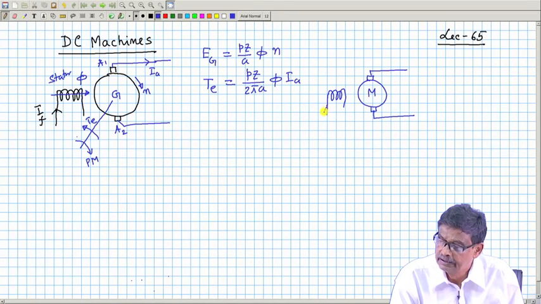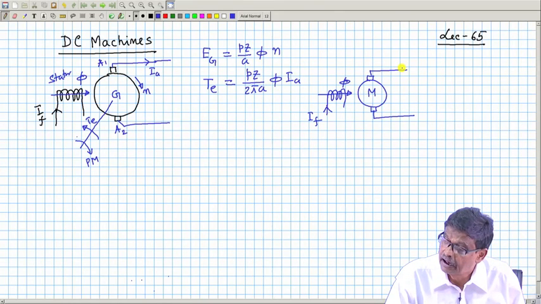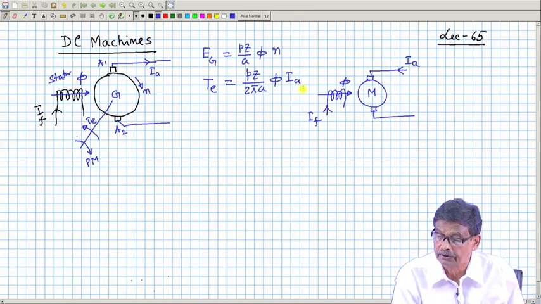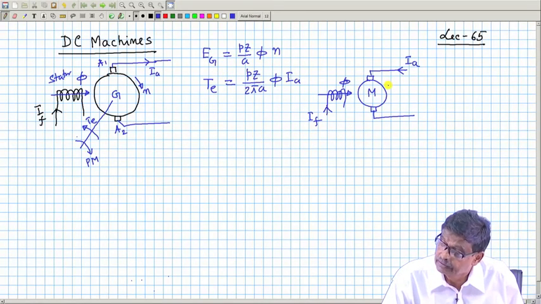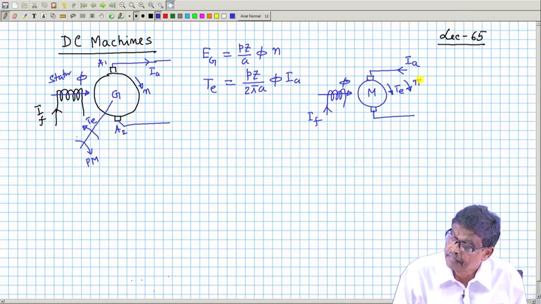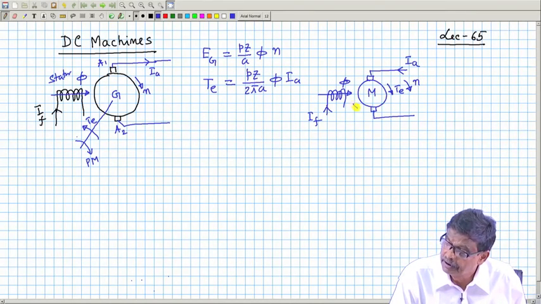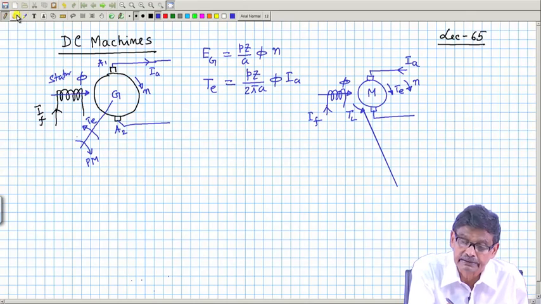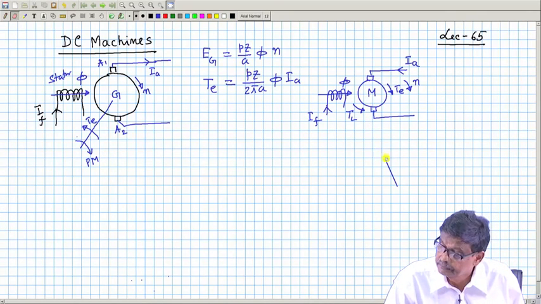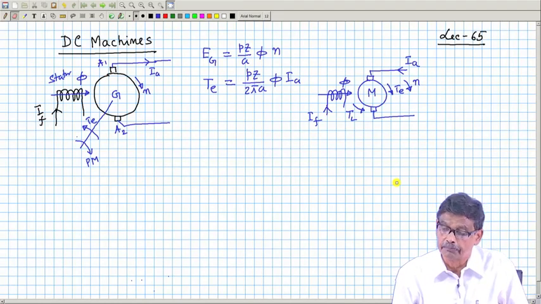If you excite this, there will be a field here, flux per pole produced, and if the armature current is Ia, then this will develop the electromagnetic torque, and the electromagnetic torque will decide the direction of rotation, and the opposing load torque will be in the opposite direction, that is TL, like this. Got the point? Always remember this thing.